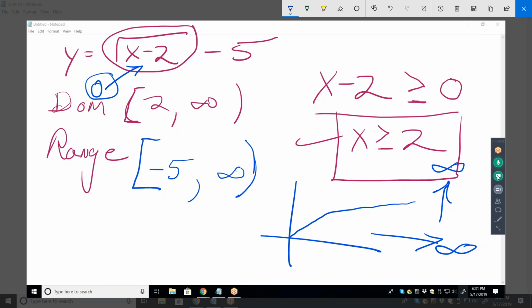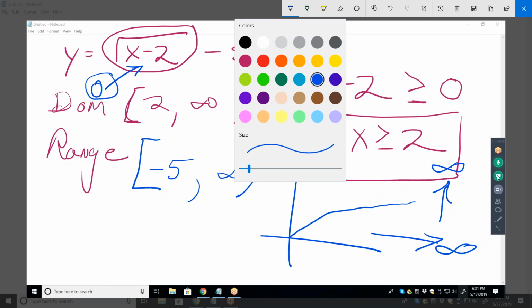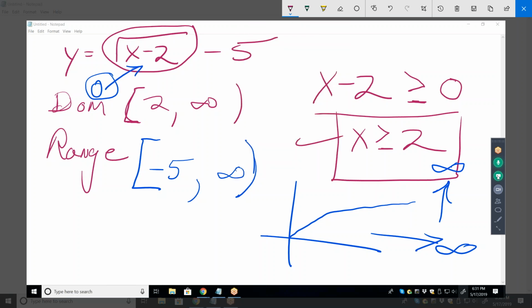Now, what I've graphed in blue is just the square root of x. Okay? We've got a couple of transformations going on here. It starts 2 units to the right, and it's shifted down by 5 units. So the actual function that we're looking at looks more like this.